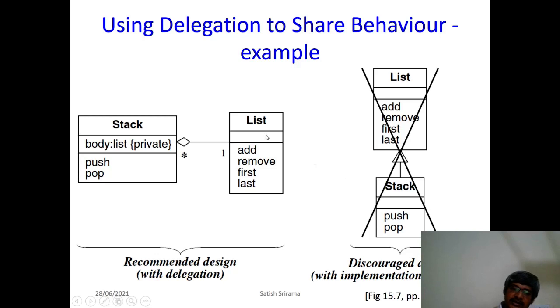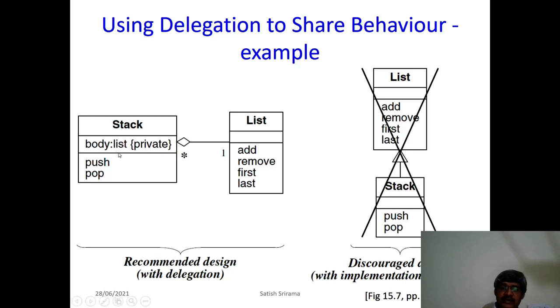So what you can do is use delegation. Basically, you have an aggregation: you have the stack, and within that stack you have a list, which holds all the elements. Have it as a private attribute, which you cannot change from outside.